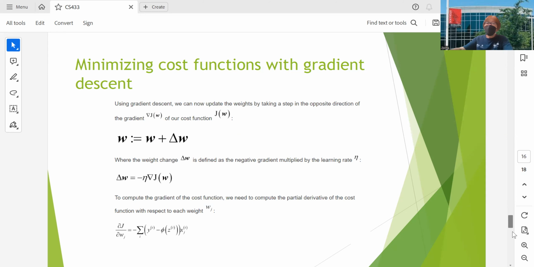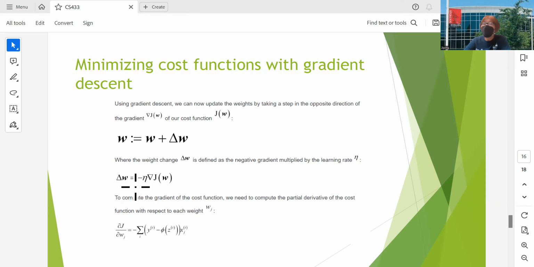Okay, so to minimize cost with gradient descent, we update the weights, taking a step at a time. We can find the delta W. How do we find the delta W?